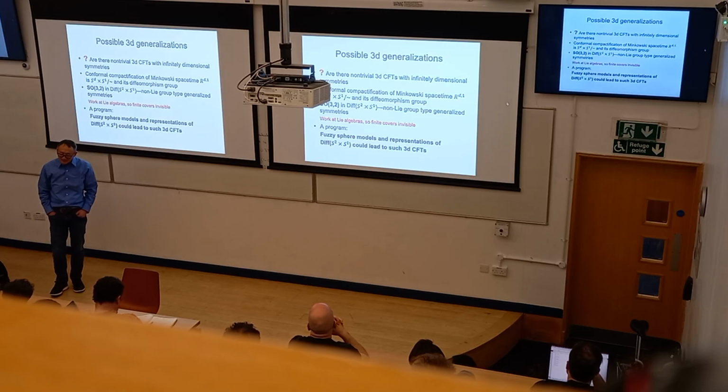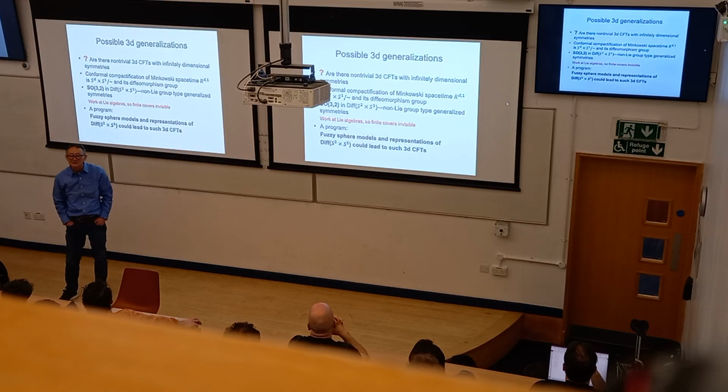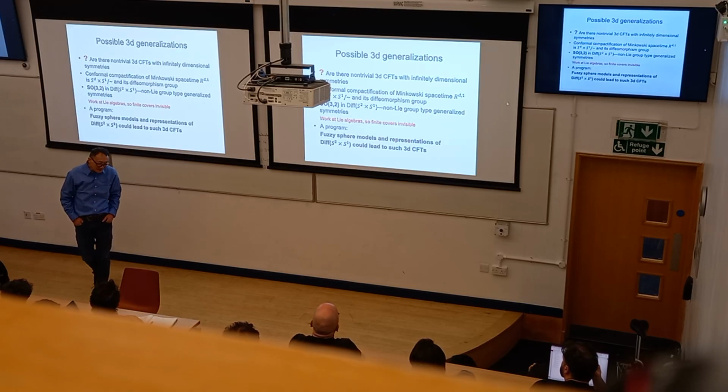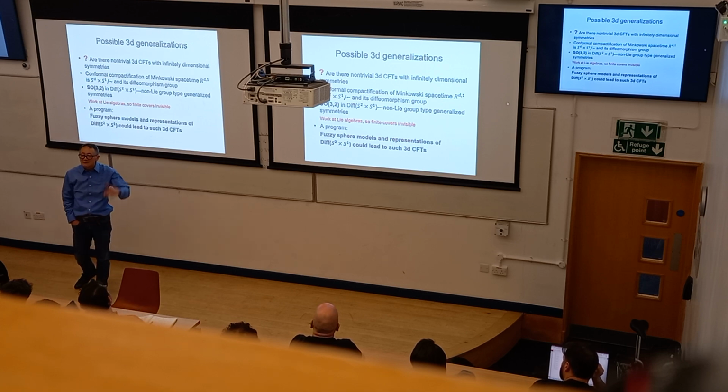I think that's definitely correct, but in the age of everybody talking about generalized symmetry, we need to think a little bit outside this Lie group symmetry thing, and see if there's other symmetry you can introduce. The first thing I tried is the fusion surface model, which is supposed to be a 2D generalization of the anyonic chain. I don't see any evidence that it will converge to conformal field theory.